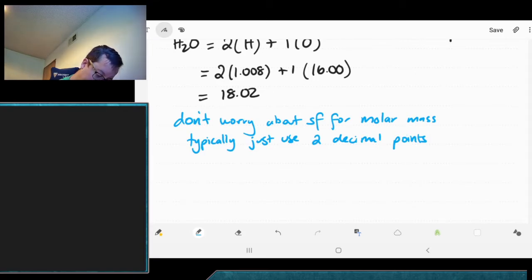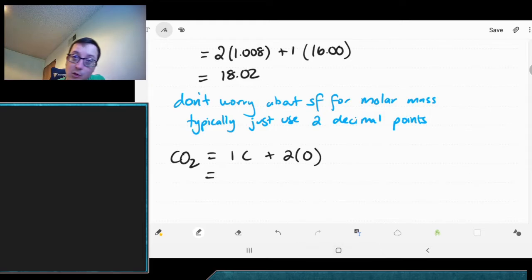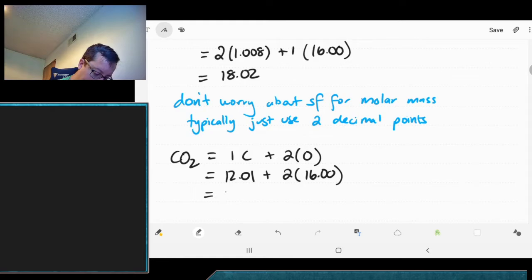All right, how about for something like CO2, carbon dioxide? Well, we'll say that we need to add 1 carbon plus 2 oxygens. Looking on the periodic table, we see carbon, 12.01, plus 2 times 16 is going to be 44.01.